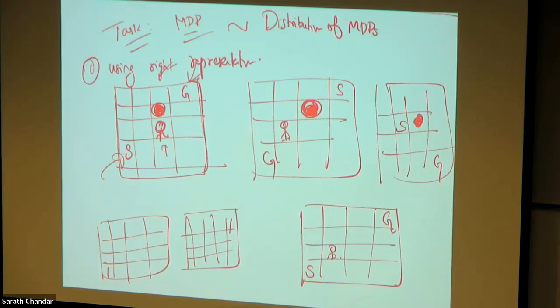Now, what are the other ways in which we could solve many MDPs together?